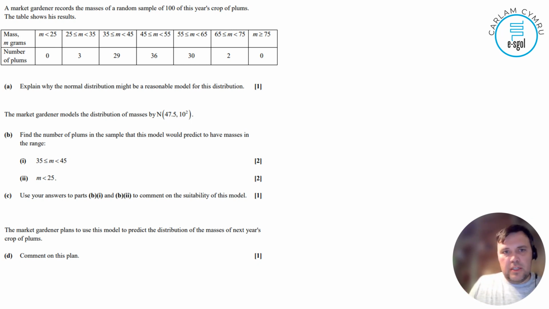So if we say for this one, let me turn to black. For part A, symmetrical, high in the middle, tails off at the ends.